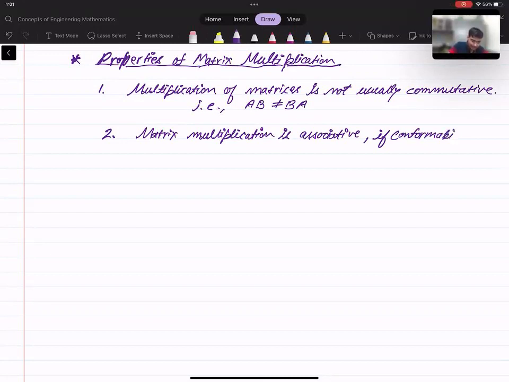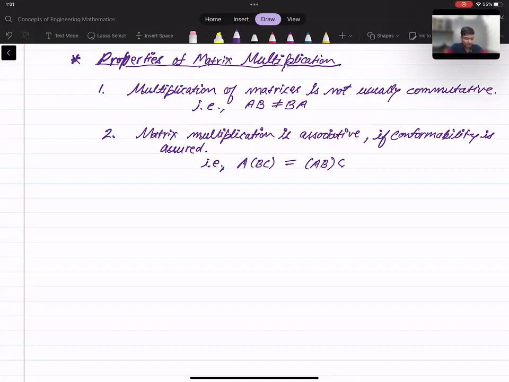Conformability means feasibility in a sense. And what does this associativity mean? It means that A multiplied with the product BC will be the same as the product AB being multiplied with C. So this is the associative law.